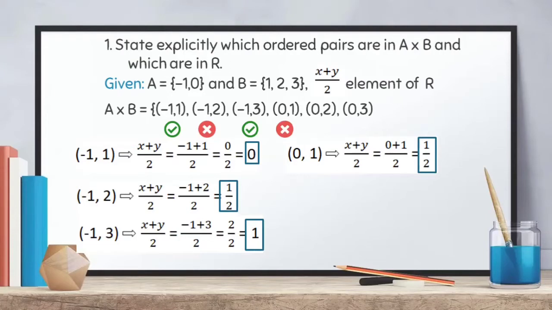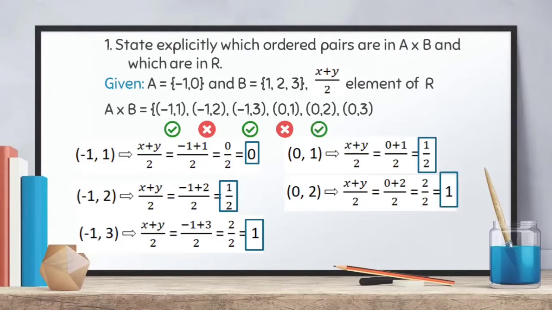Now let's go to the fifth element, (0, 2). So plugging in the values, that would be 0 plus 2 all over 2, which is 2 over 2, and that is equal to 1. So since it is an integer, therefore it is an element of R. And we have our last element, (0, 3).